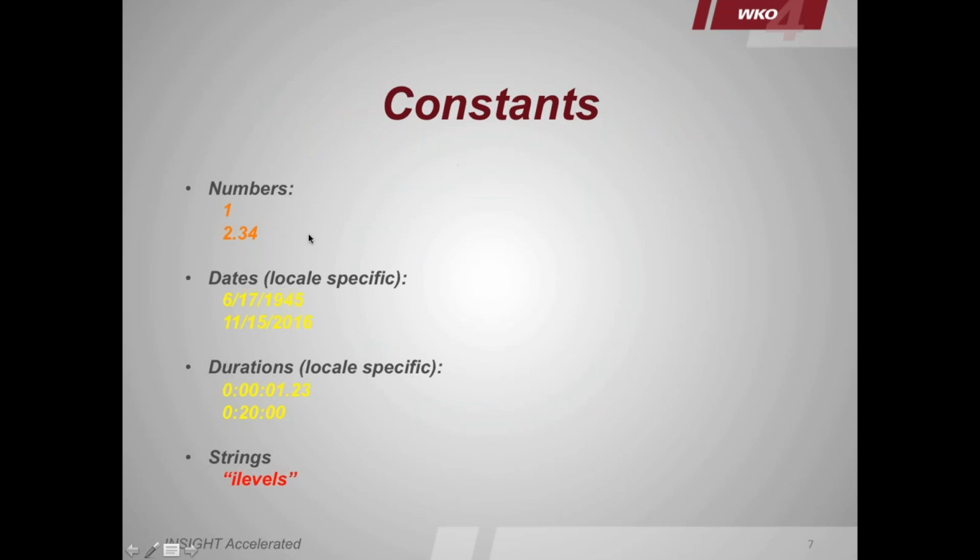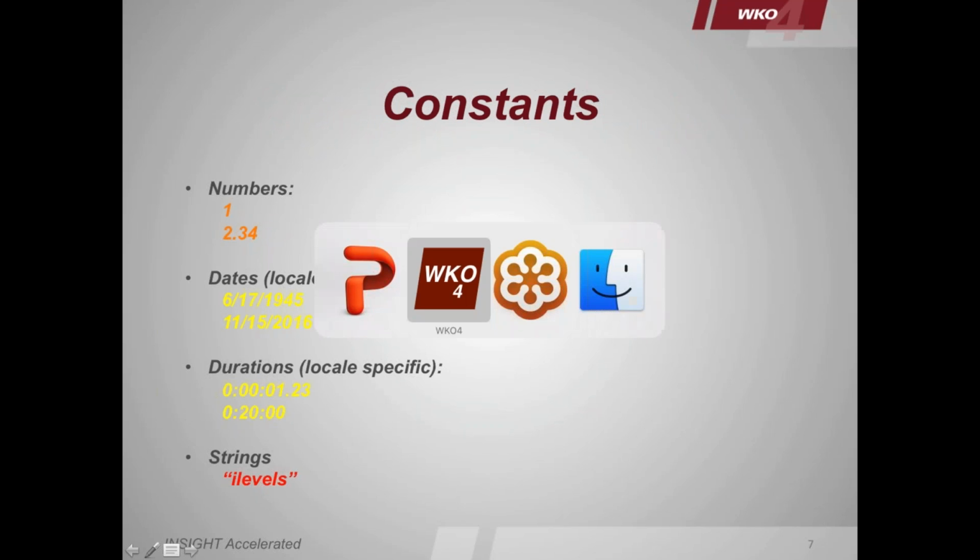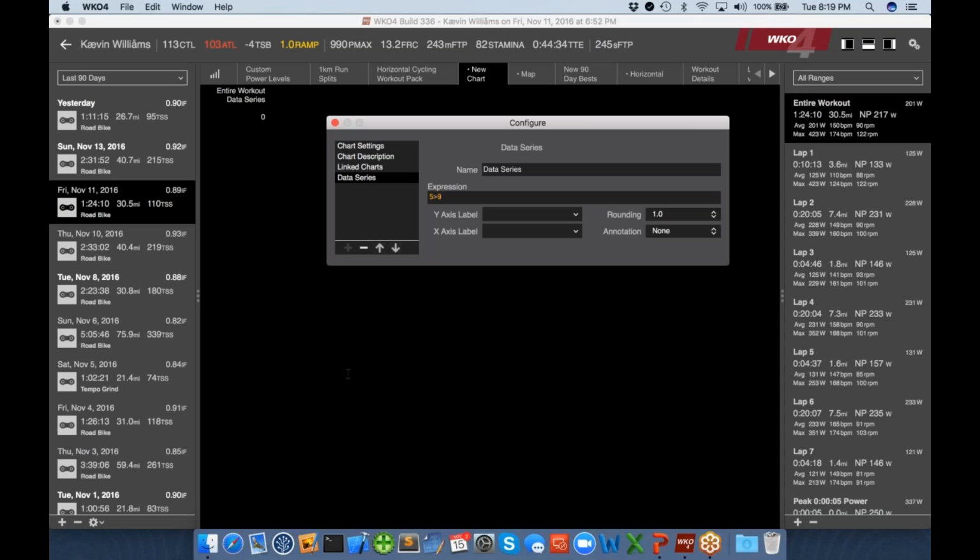Okay, so moving forward, I showed you numbers. You also have dates and durations and strings, besides the numbers that you can use. One thing, by the way, I don't know if anyone's noticed, is that I reformatted the screen a little bit in this build, so the box is a little bigger and it colors things.